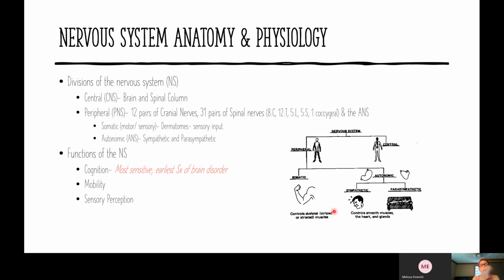As we were chatting earlier, the somatic system has to do with controlling the muscles and the body's movement, and you can actually tell your body to do those things. That's under your own physical control. The autonomic system, however, is under the body's self-control.